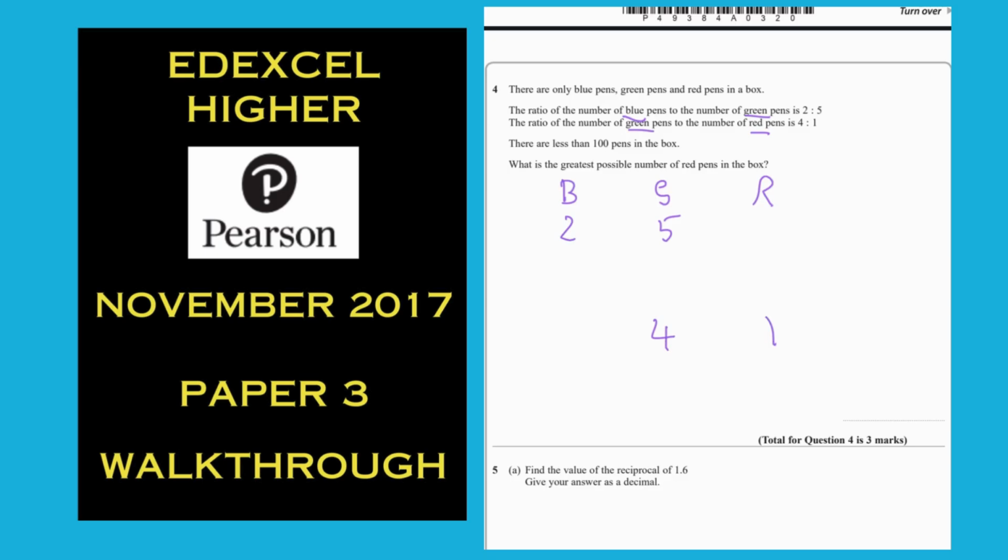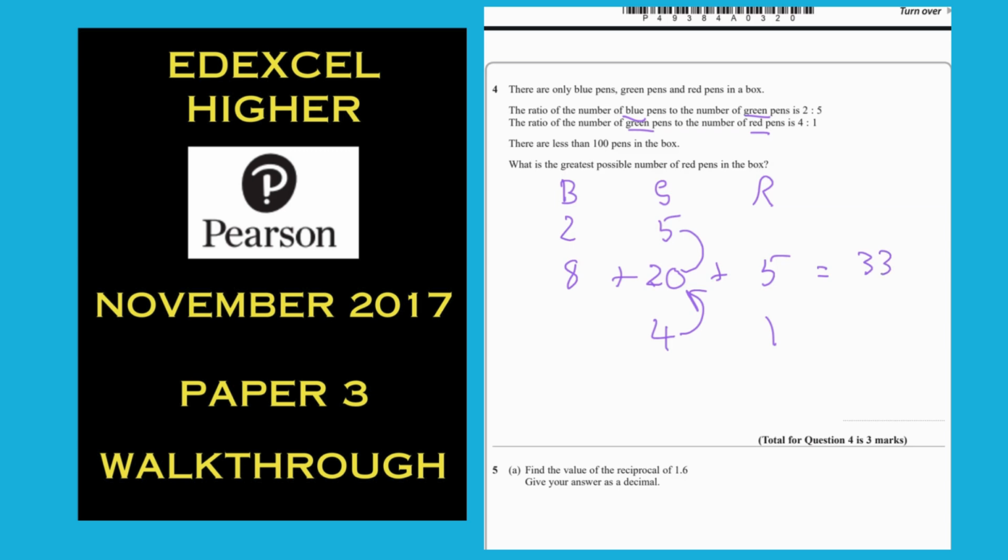Why have I left a gap? Because that's where your link is. The link is go for 20 for green. So that's multiplied by 4. That's multiplied by 5. So as you can see, when we've got 20 green, we've got 8 blue, 5 red.